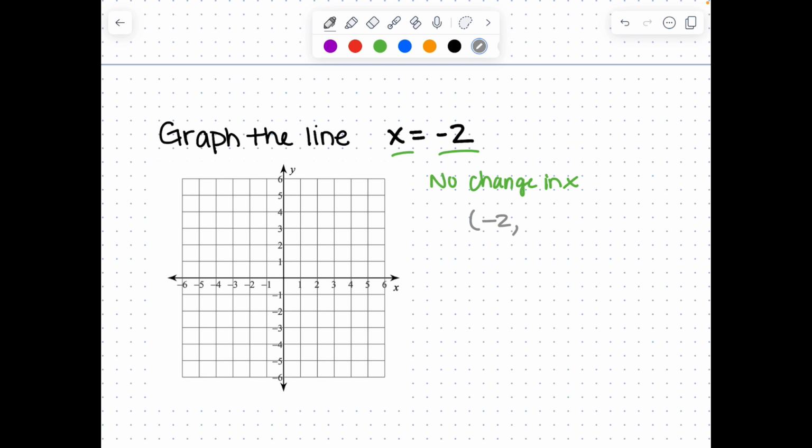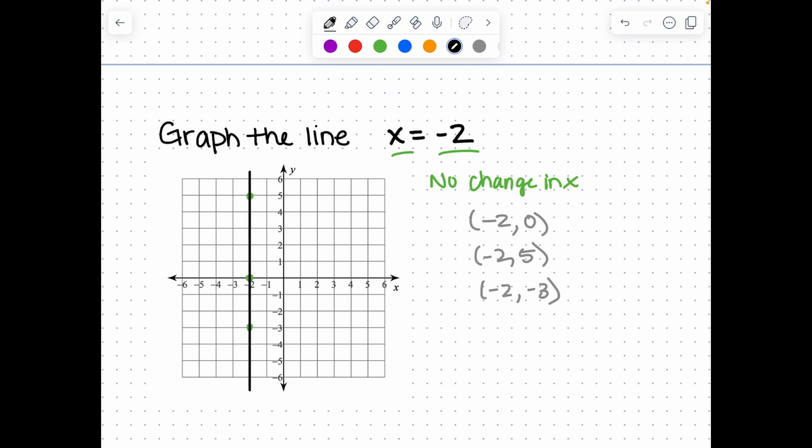So we could have -2, 0. We could have -2, 5. We could have -2, -3. No change in x. That means this is going to be a vertical line. So there's one of the points I listed. There's one. So there's no run here. We just have rise.